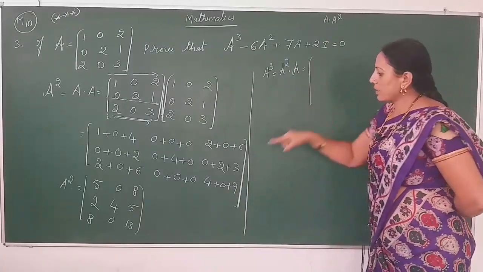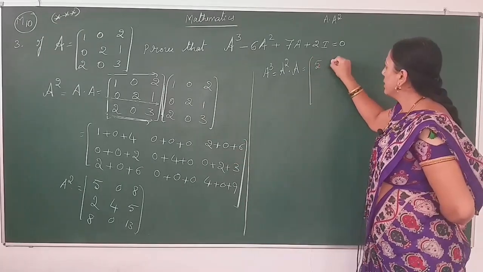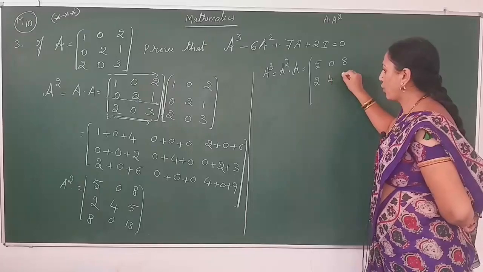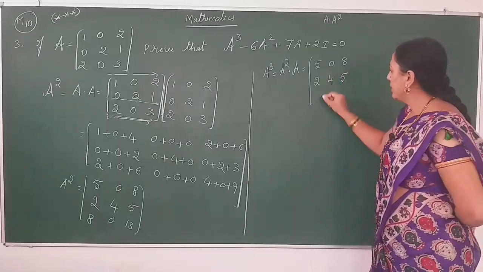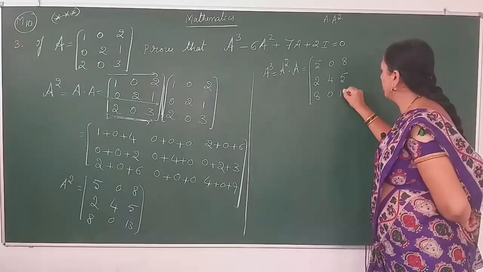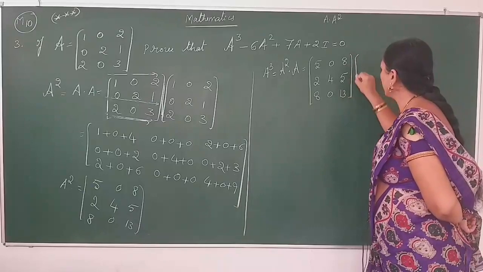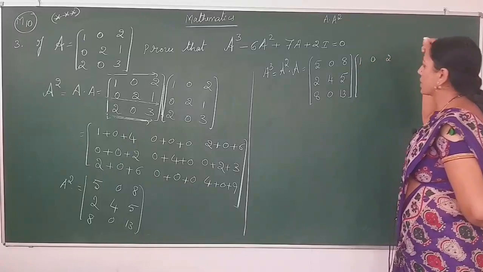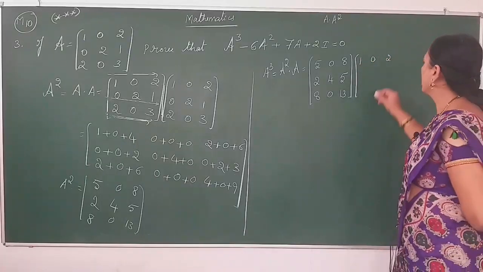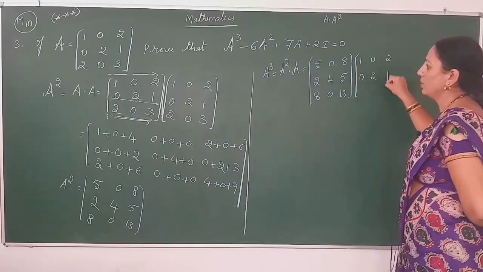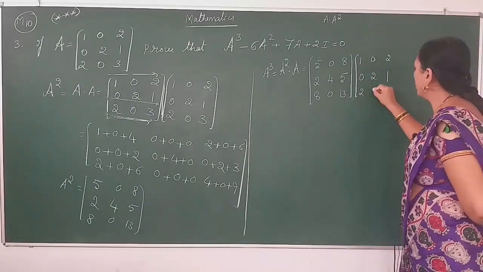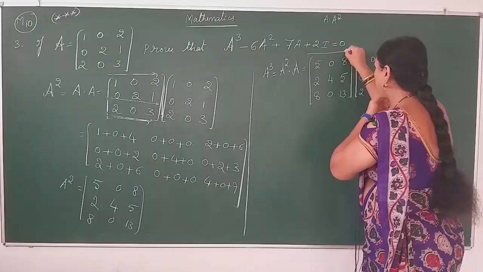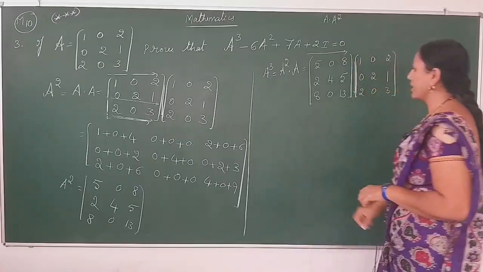Now A squared can be written as [5 0 8; 2 4 5; 8 0 13] into A, which is [1 0 2; 0 2 1; 2 0 3]. So again multiply row and column wise.